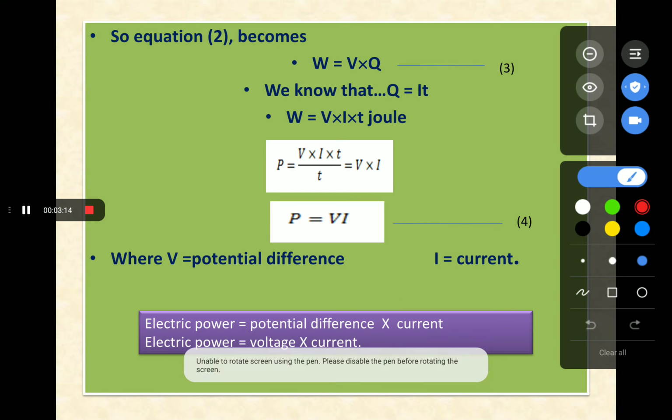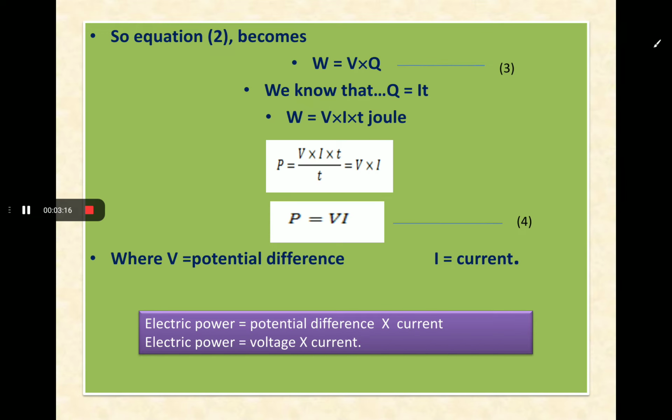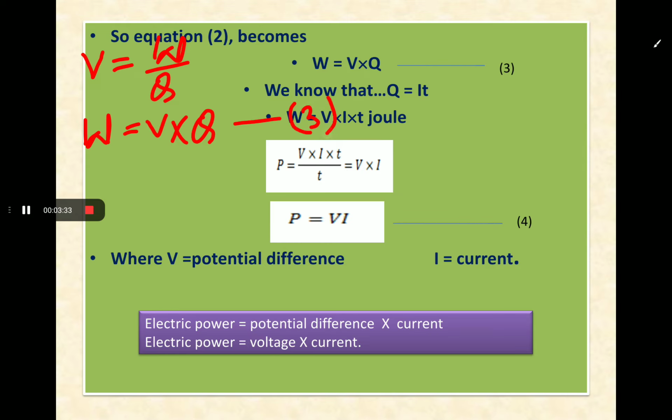From the formula of potential difference, V is equal to W by Q, we will derive the expression for work done. So, work done is equal to potential difference multiplied with charge. This is equation number 3. And now, we know that charge is equal to IT. This is equation 4.